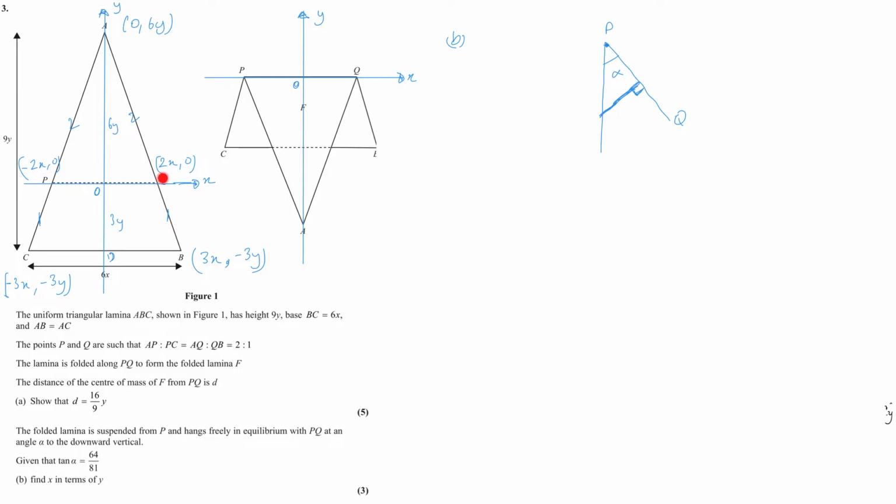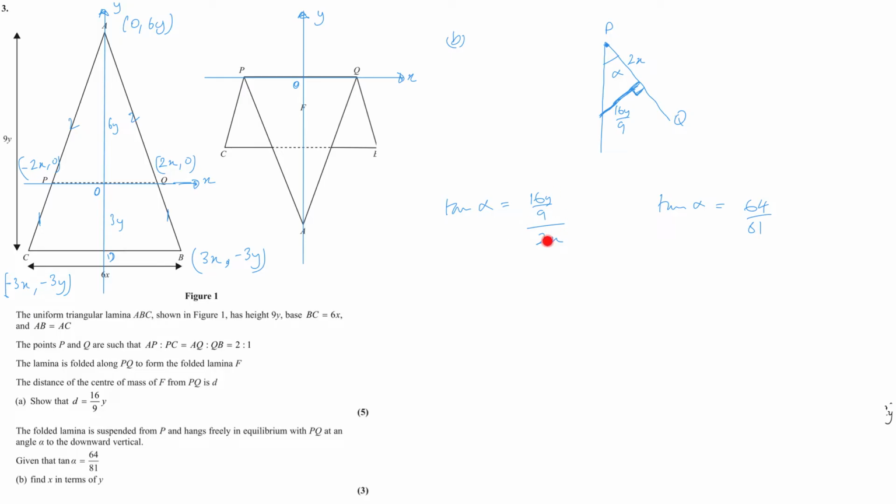Now we've already said PQ is 4x, so P to this distance here would be 2x, and then this distance is 16y over 9. Okay, so I got this distance and this distance. So tan alpha equals opposite 16y over 9 over adjacent 2x, and it also gives me that tan alpha is 64 over 81.